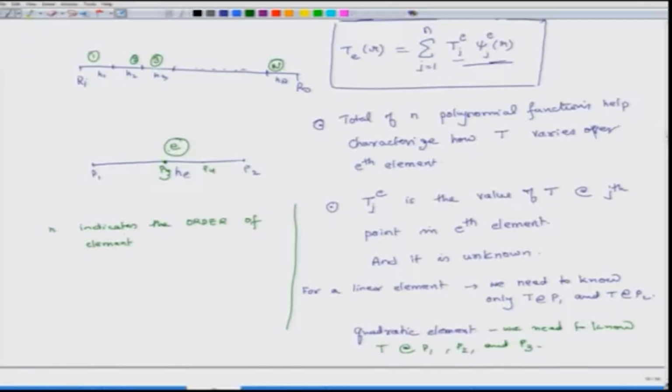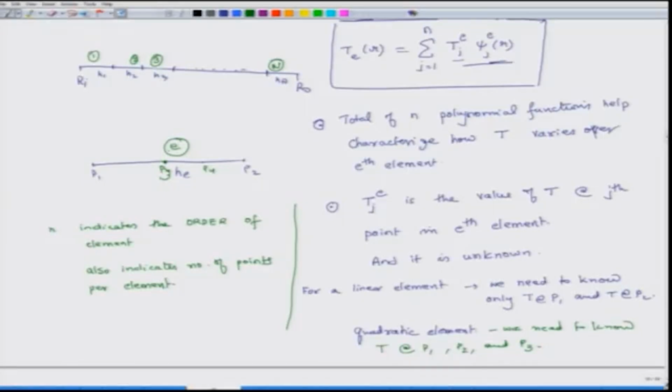Agreed? If it is a quadratic element, then n indicates the order of the element, and it also indicates the number of points per element. So, if it is a linear element, then n will be 2.